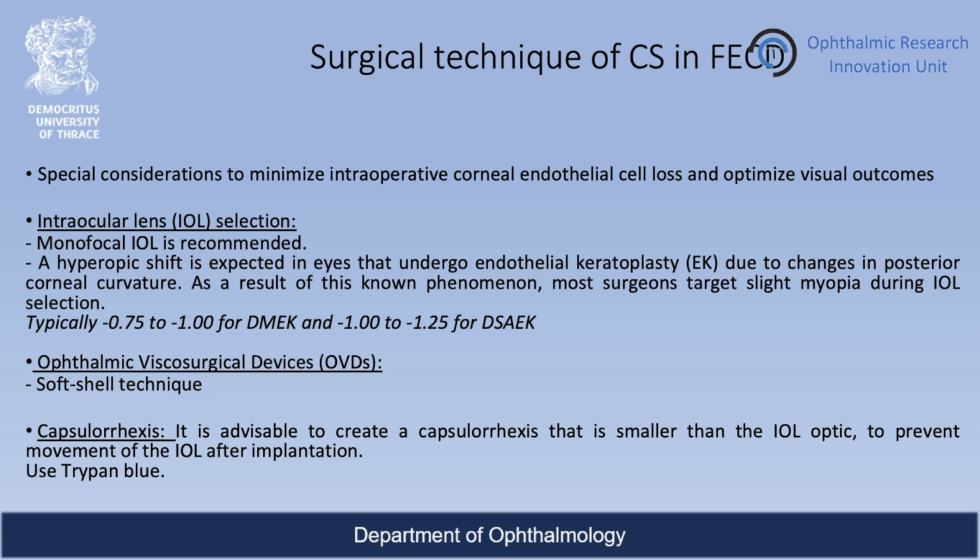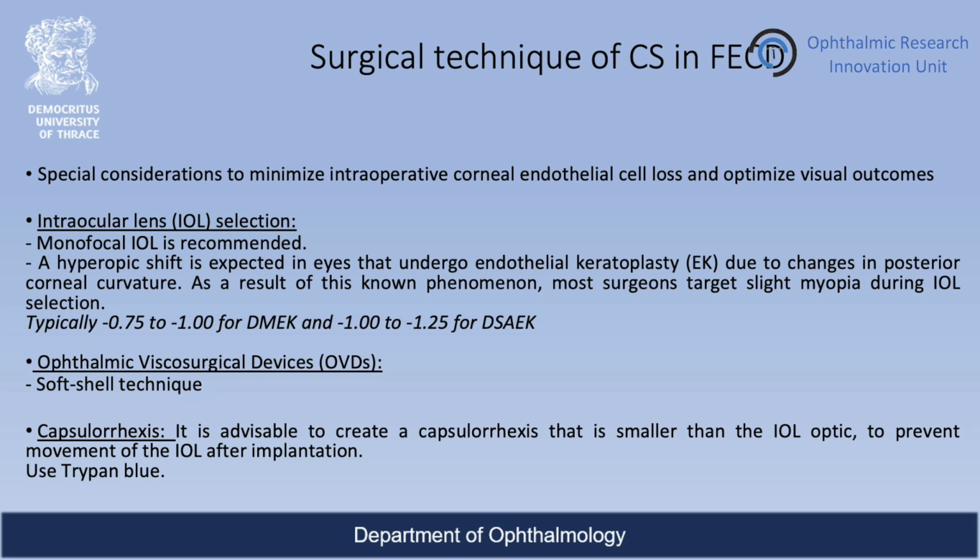Since a hyperopic shift is expected in eyes that undergo endothelial keratoplasty due to changes in posterior corneal curvature, most surgeons target slight myopia during intraocular lens selection, typically -0.75 to -1 for DMEK and -1 to -1.25 for DSEK.